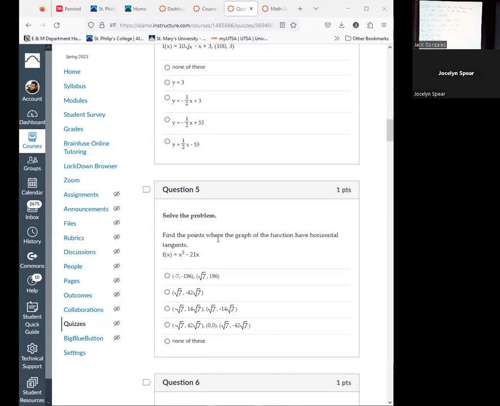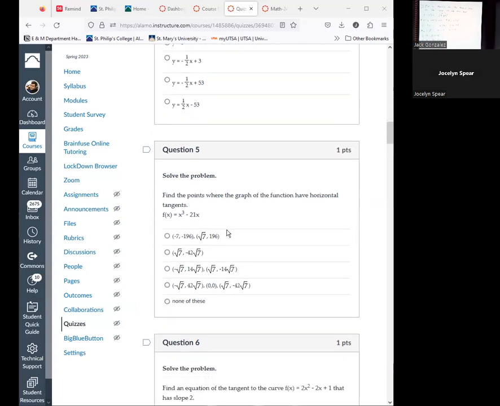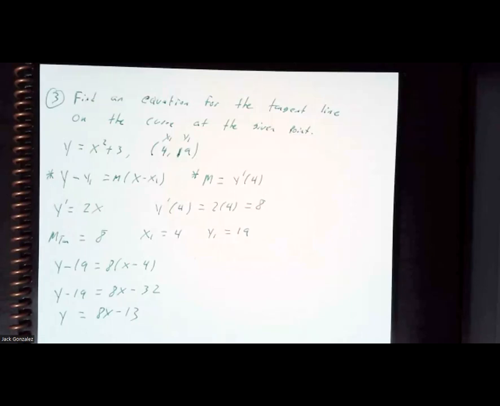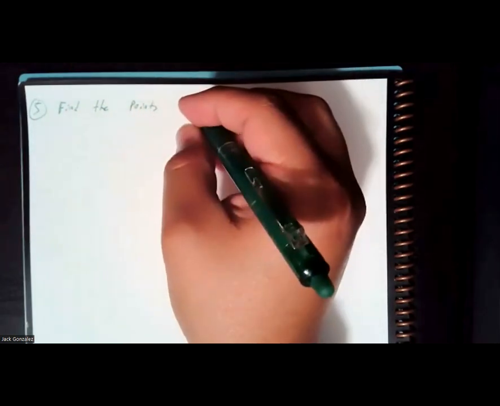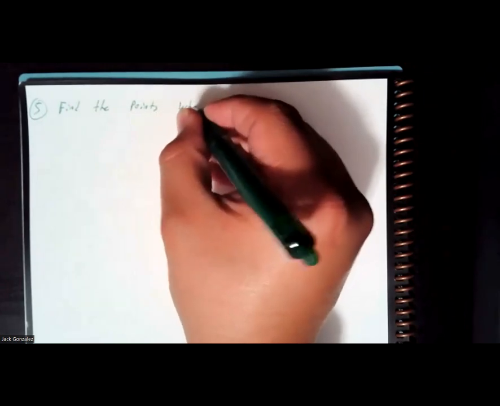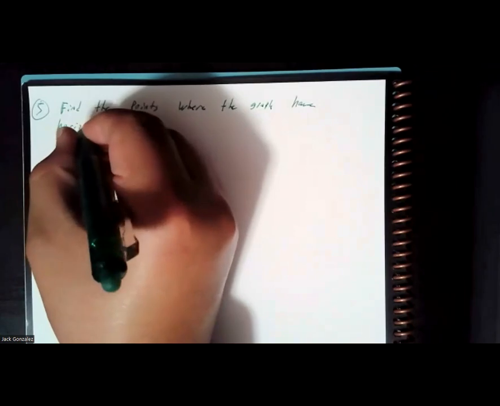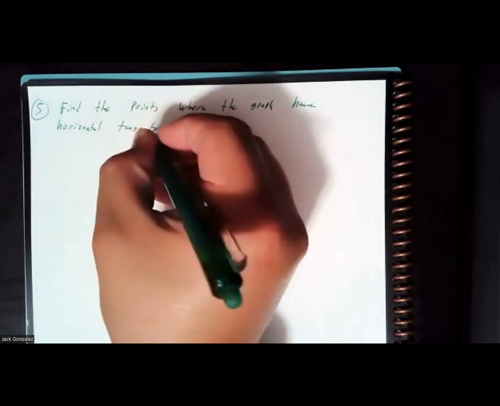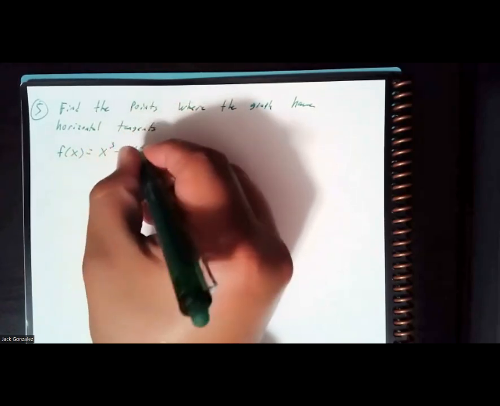Number 5 says find the points where the graph of the function have horizontal tangents. So let's do that guy. Okay.